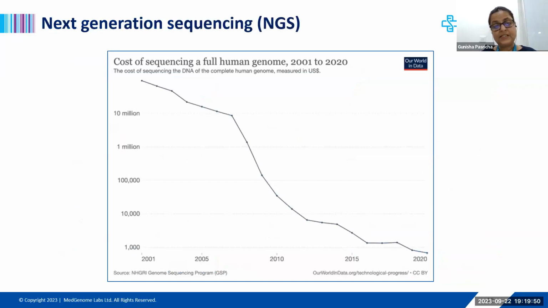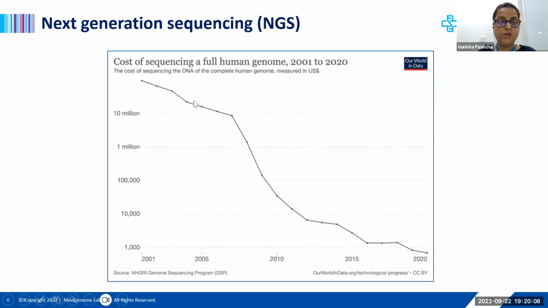Okay, some misconceptions about how next generation sequencing can be used. It is a very expensive technology. So this slide basically takes you through the cost of human full genome sequencing from 2001 to now, and we are in 2023, and it has dropped further.